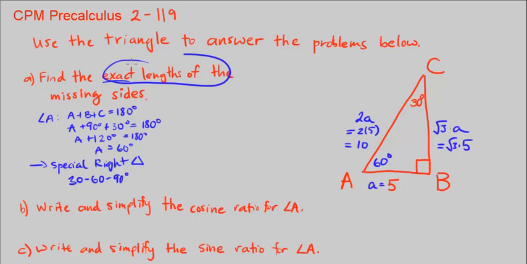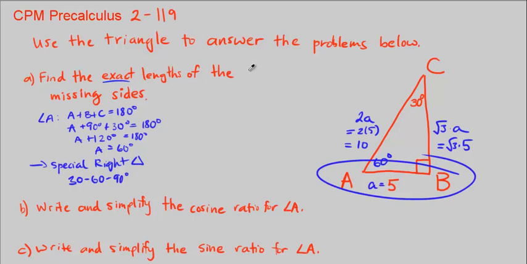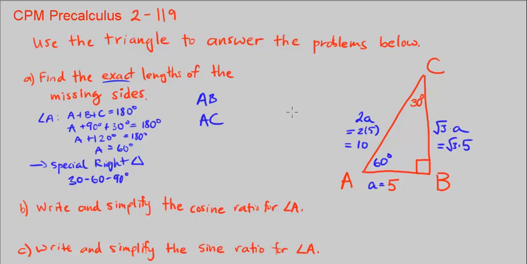So the exact length of the sides, I know that this side should be called little c actually, but I'm going to let it stay as little a, and I'm going to label the sides as AB, side AC, and side BC. So we know AB is given as 5 units.